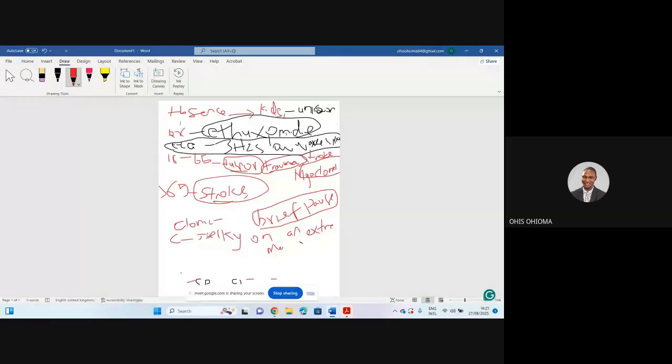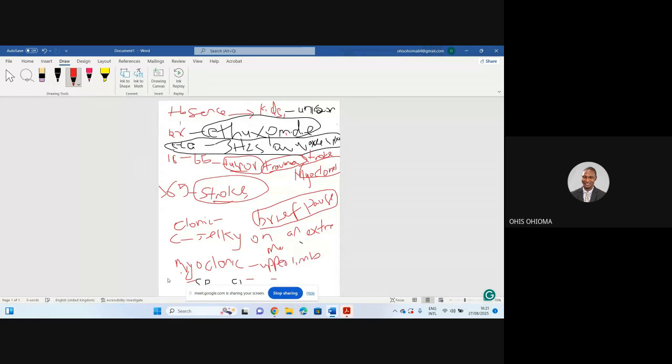For the clonic, the patient just keeps jerking vehemently. As against myoclonus. Myoclonus basically is a form of clonic seizure that occurs usually in the upper limb. So it's usually an upper limb type of seizure.